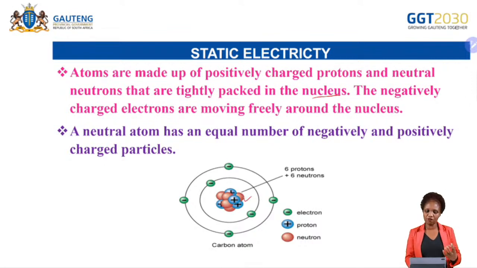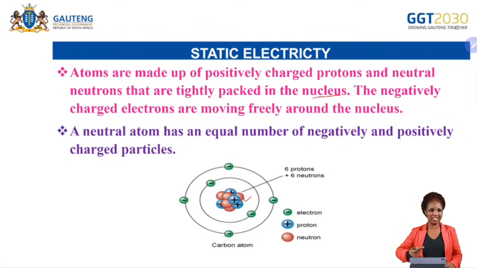In the center here, we've got the nucleus. What is in the nucleus? We've got positively charged protons in the nucleus and neutral neutrons. If we say neutral neutrons, it means they don't have a charge. They are neutral. Right. They are held down by a strong force. Do you get that?